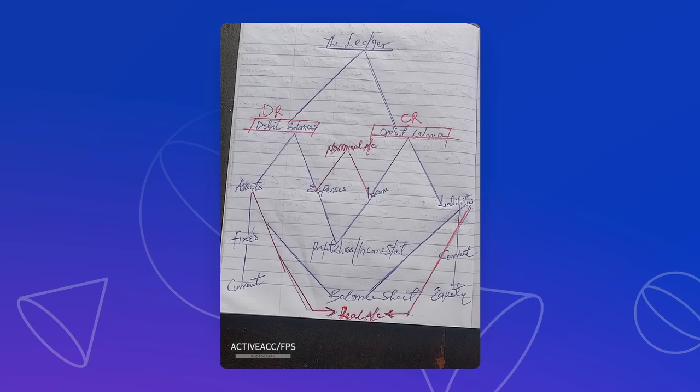We are continuing from the series on the double entry principle of bookkeeping and the ledger account classification. In our previous classes, we mentioned the importance of understanding the double entry principle of bookkeeping, and then we had some practical examples.